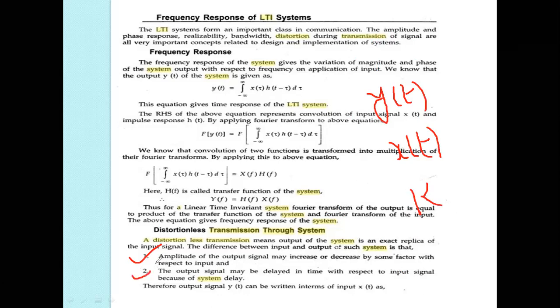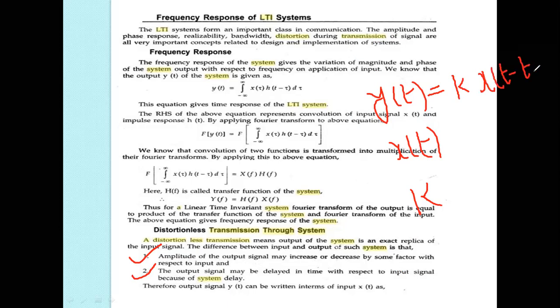The second point is that the output signal may be delayed in time with respect to the input signal because of the system delay. So the output is increased or decreased by some factor k, and it is delayed.